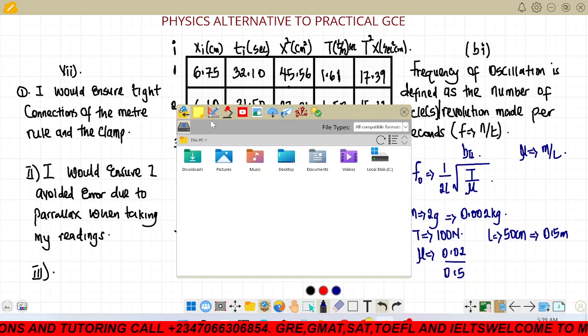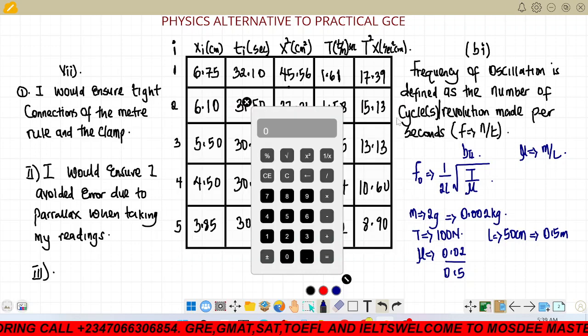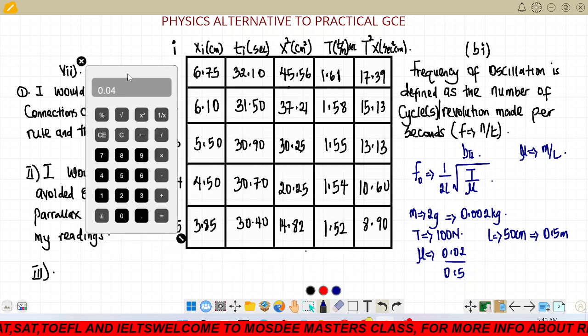The truth is I can do this one without a calculator. I just like to show things. Because you are allowed to use the calculator, you can be very sure of your answer. Dividing by 0.5 to get the mass per unit length, you can see 0.004. So that's that.